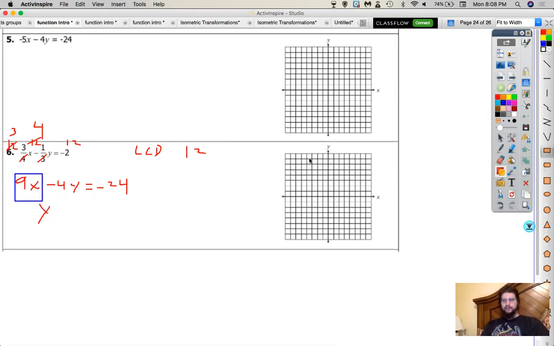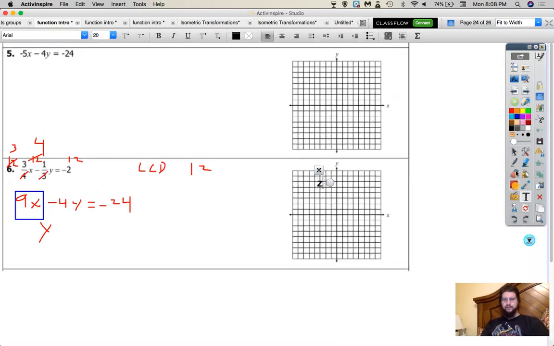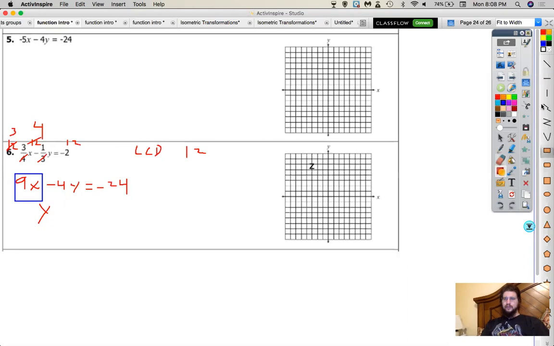Oh, it doesn't work with the text. Sorry. So pretend this isn't there. Ignore this entirely. You get -4y equals -24. All you have to do is divide by -4 and you get y is 6.